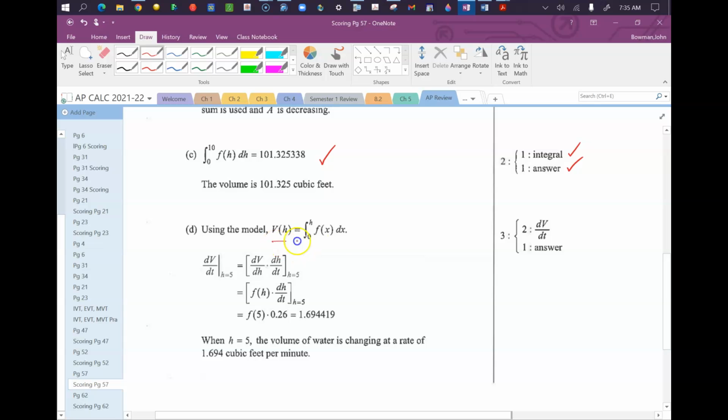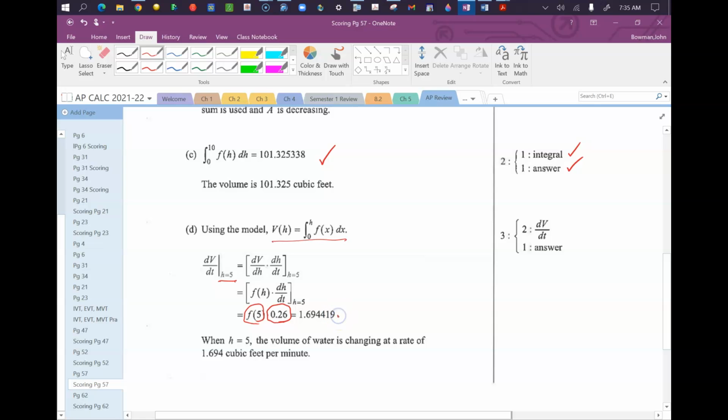Using this model, dV/dt, the rate of change of volume with respect to time at a height of 5, is dV/dh times dh/dt at h equals 5. So we evaluate f at 5, and multiply it times the given rate of change of the height when the height is 5.